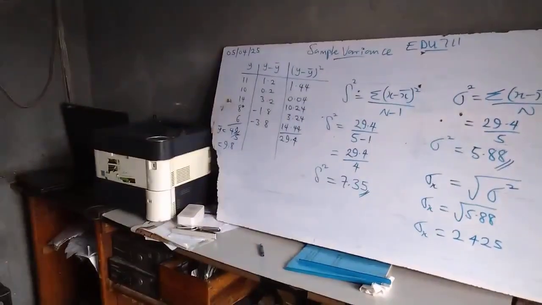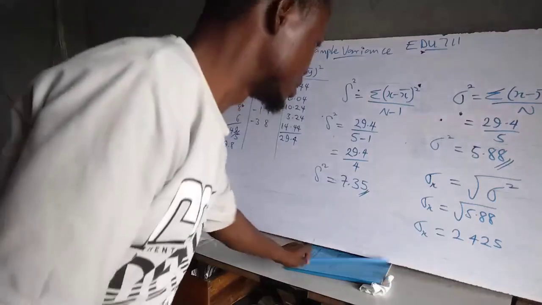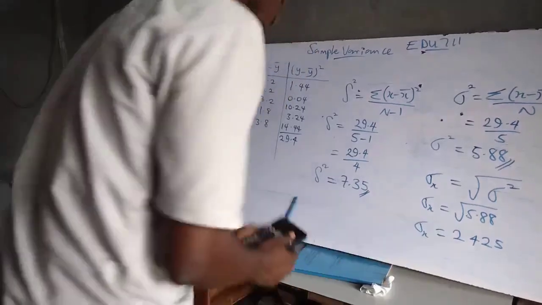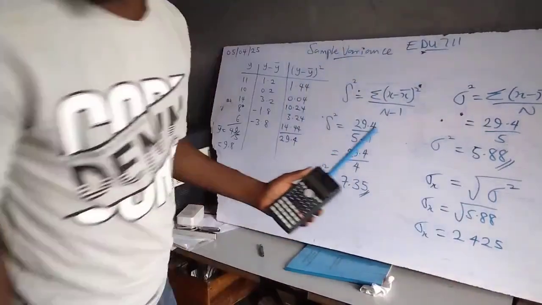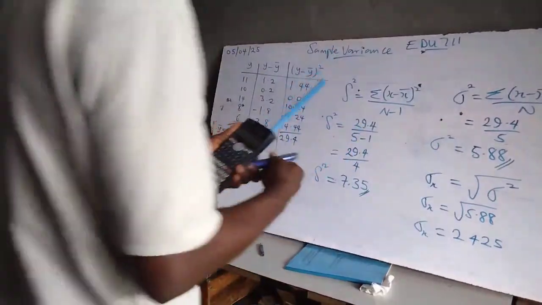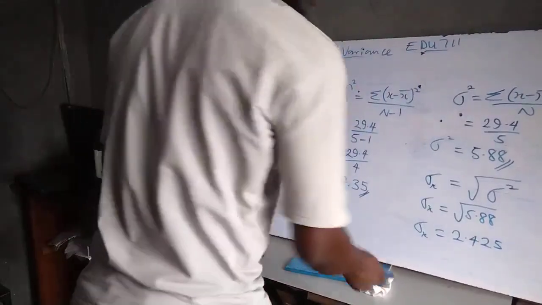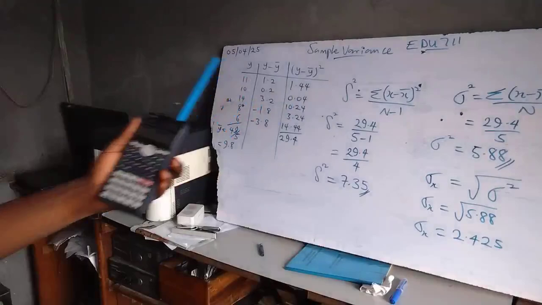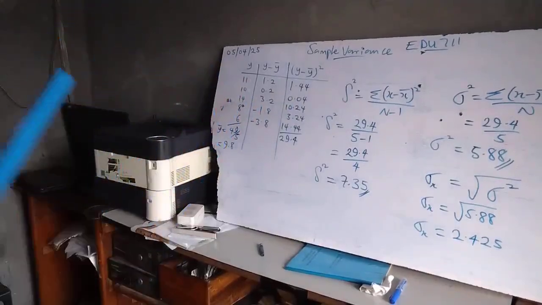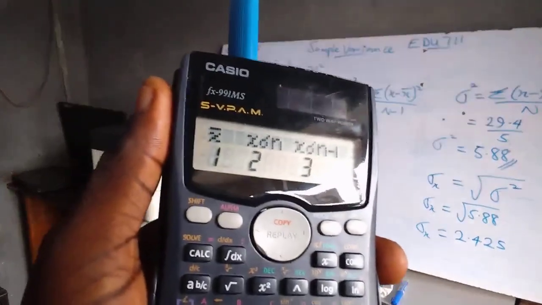And don't forget that here we got our population standard deviation as 2.425.